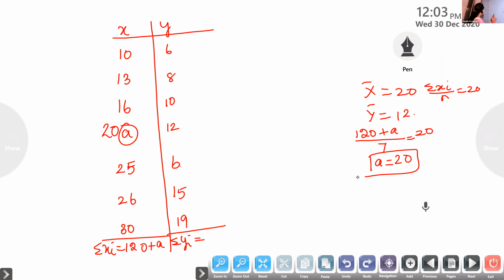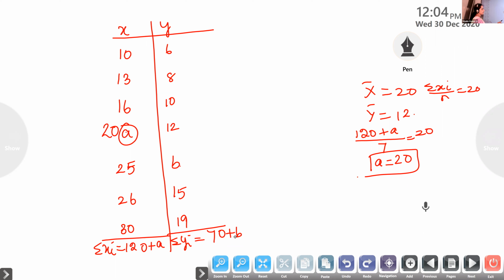Find out what is sigma yi. What is sigma yi? Is it 70 plus B?